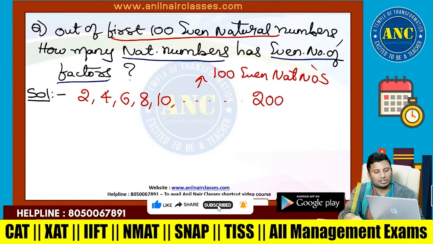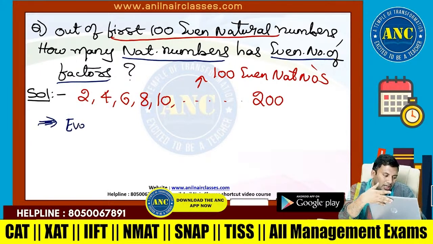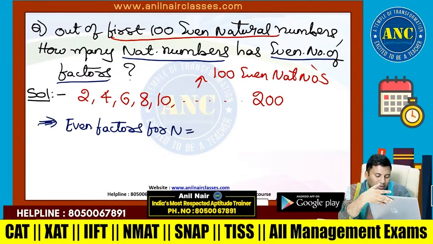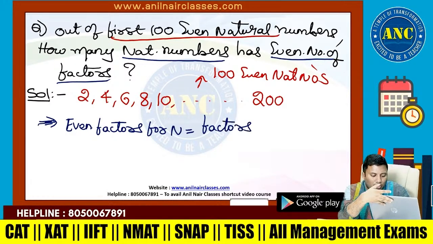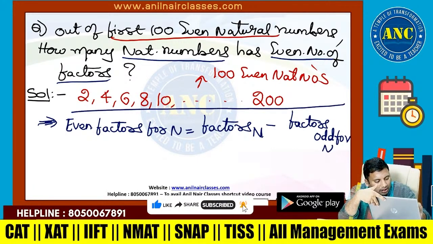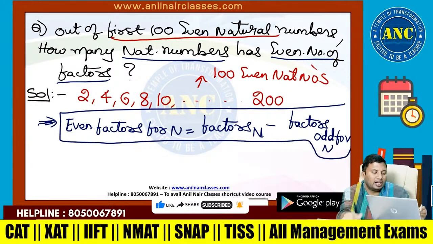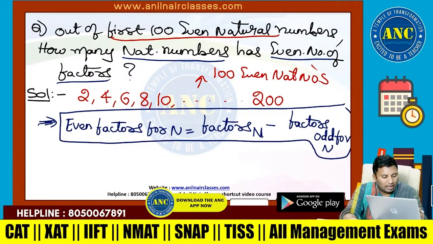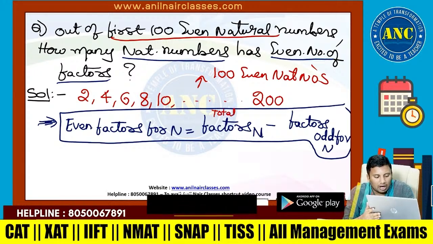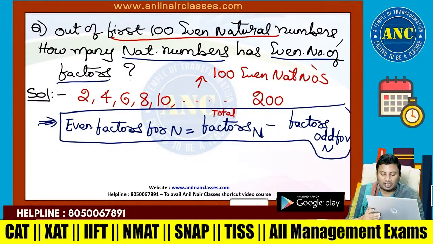If I want the number of even factors for n, it is nothing but total factors for n minus the odd factors for n.